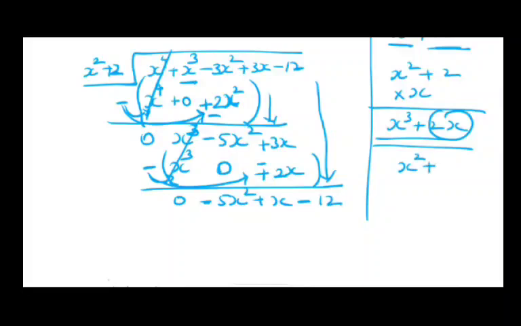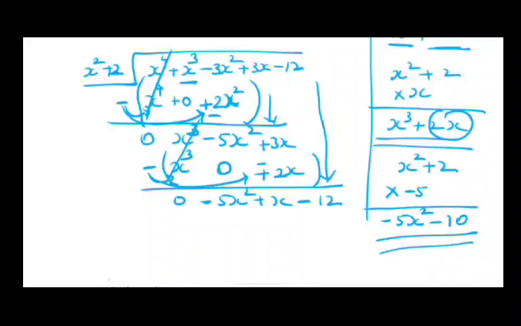X square plus 2 into 5, rather minus 5, x square into minus 5, not x, only minus 5. So what happens out here? Minus 5x square minus 10. Place it carefully.